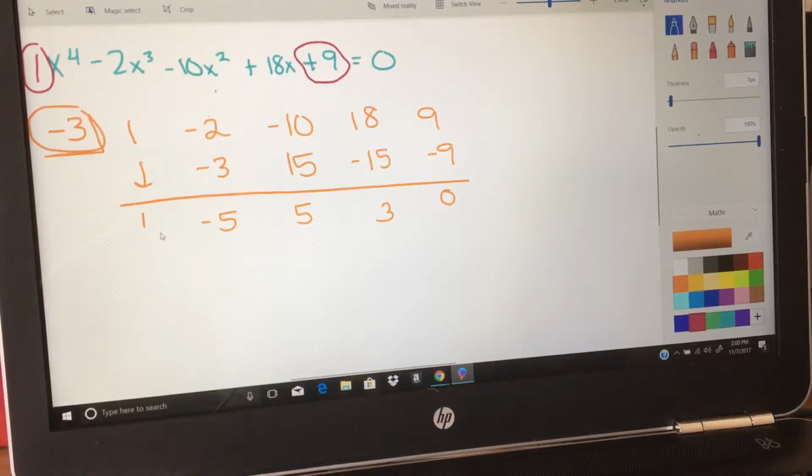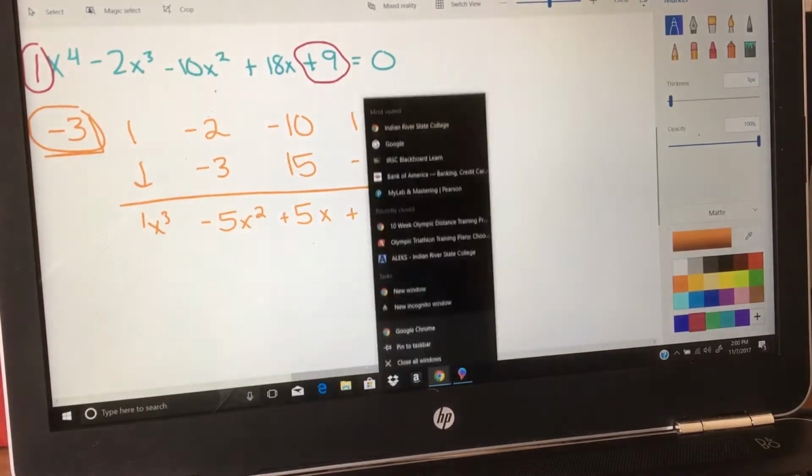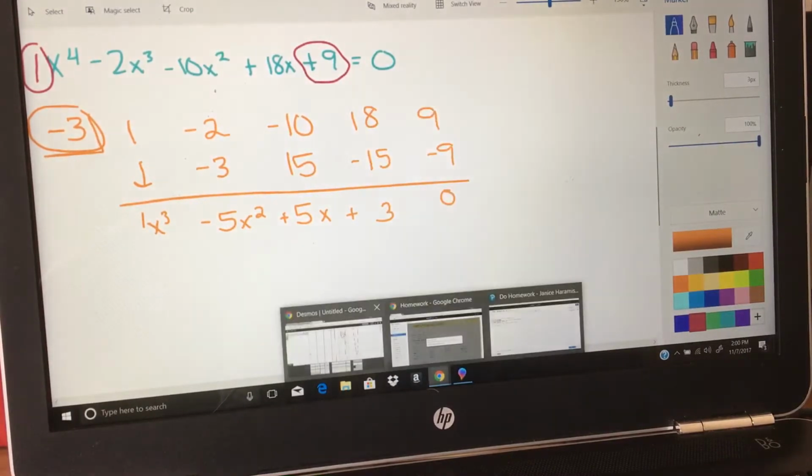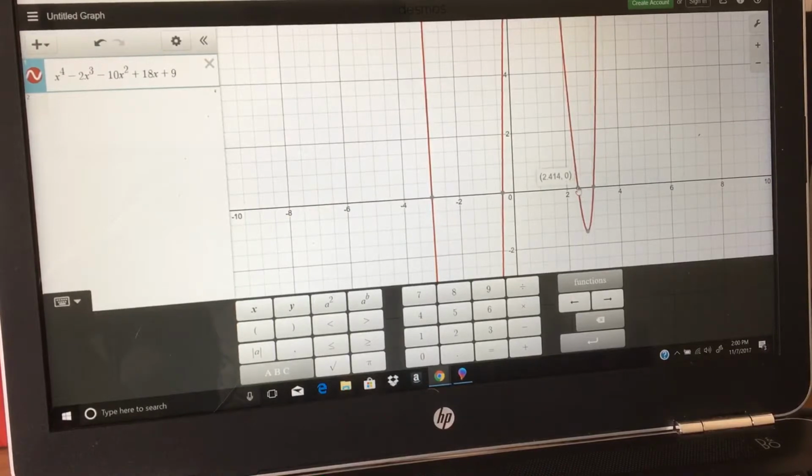We've reduced this now to a third degree polynomial: x cubed minus 5x squared plus 5x plus 3. We already know that positive 3 is another zero of this, because we got that from our graph. So if we go to our graph, here we have that positive 3.